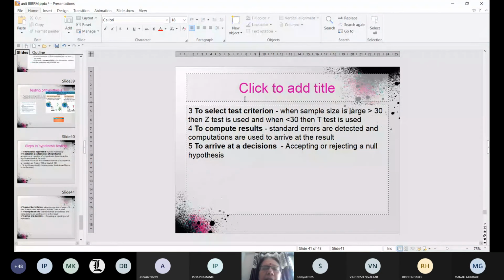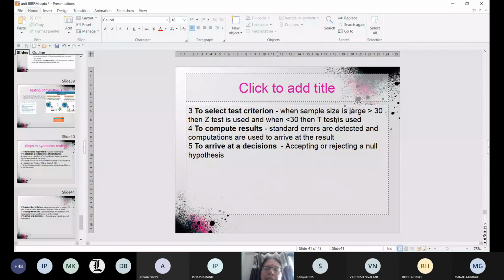The third step is to select the test criteria, that means which test you should use. There are two tests: the t-test and the z-test. When should you use which? If your sample size is large, more than 30, you use the z-test. If it is less than 30, you use the t-test.